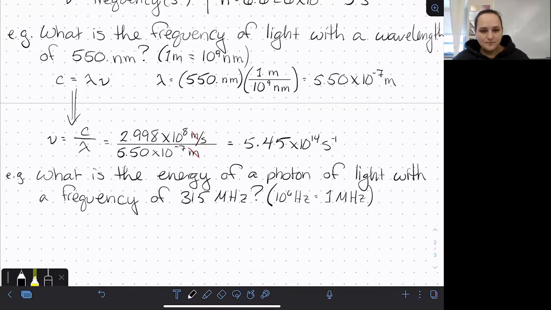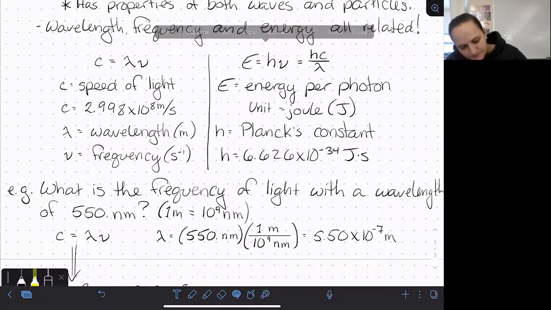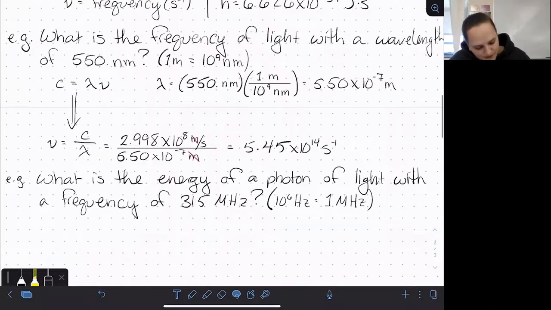So in this one, we're looking to relate frequency to energy. So that is the second equation that we talked about. We're going to need this little friend. H is a constant that you will always be given the value of.